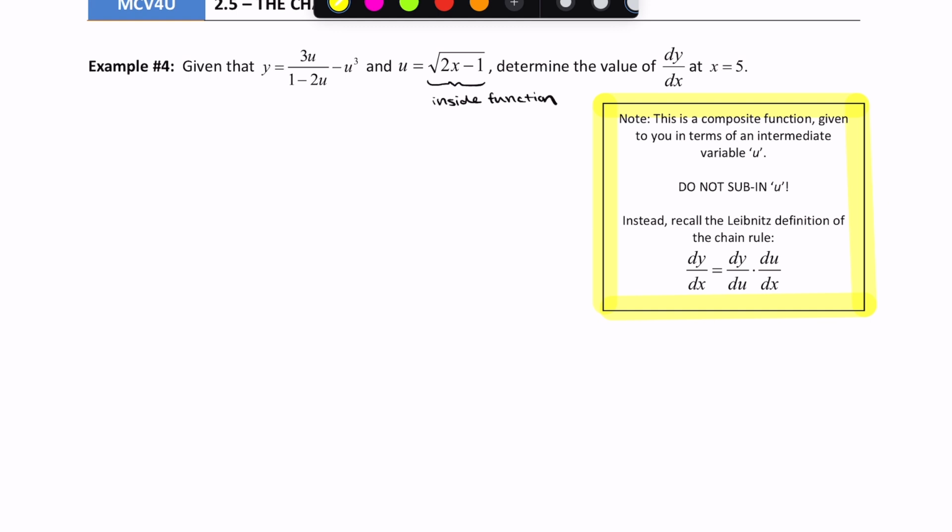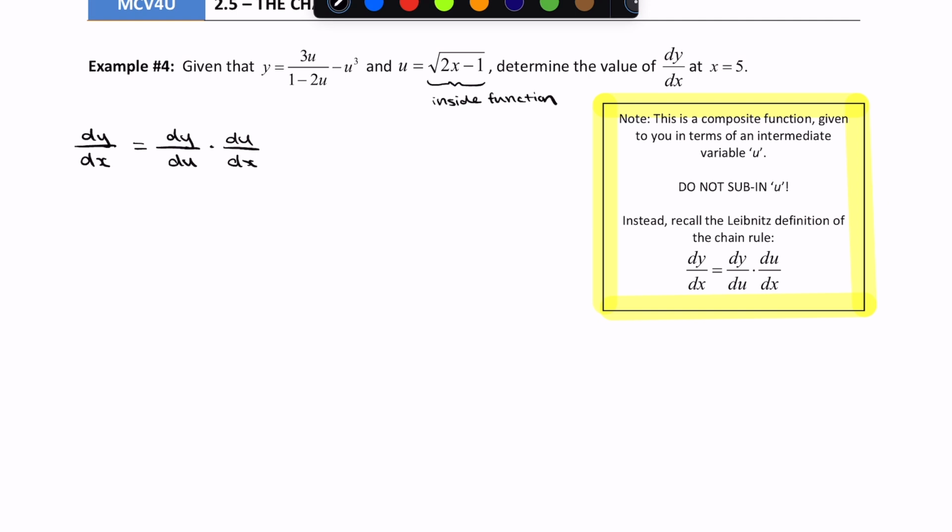Instead, recall Leibniz's definition of the chain rule, which is dy over dx is equal to dy over du times du over dx. So let's write this out. We have dy over dx is equal to dy over du times du over dx.